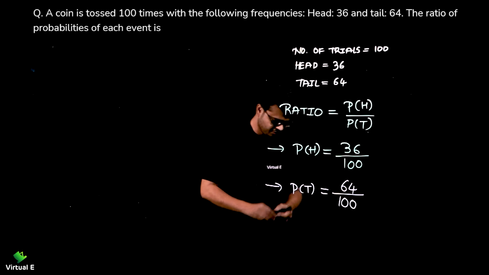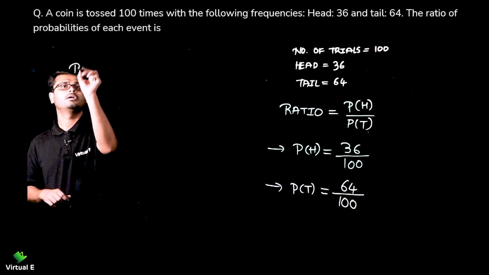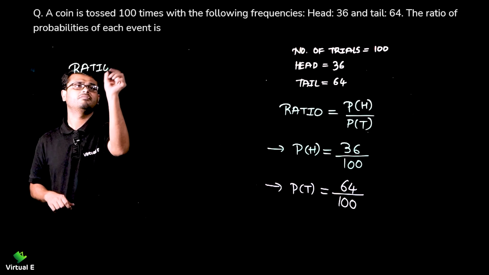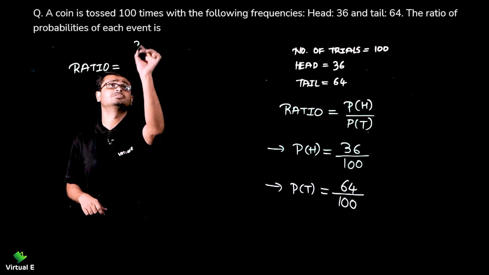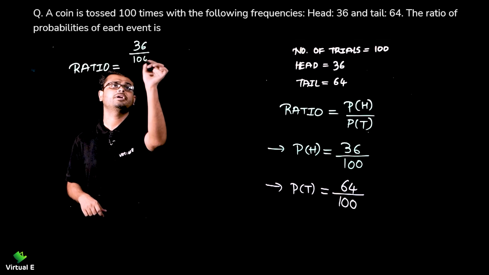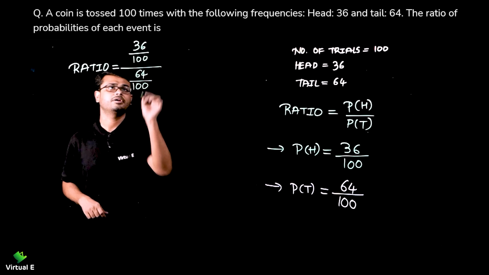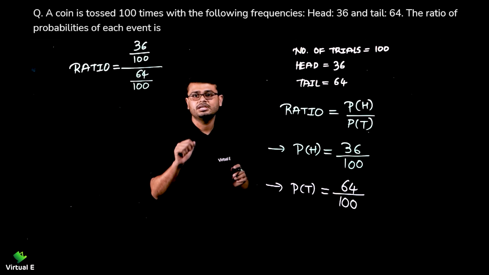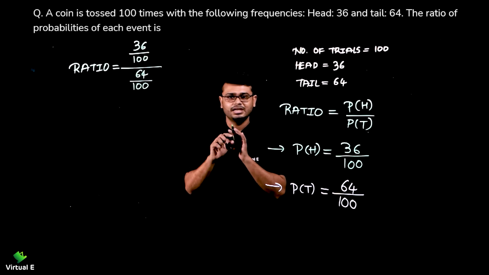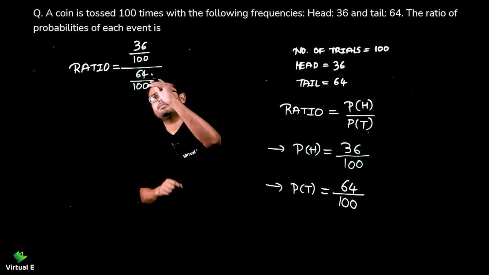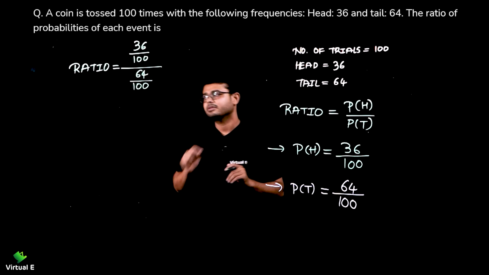Now come to the ratio. We want to find the ratio. So for the ratio, we need to put probability of head into the numerator. So 36 by 100 and here 64 by 100. Now see, we can do one thing over here. Denominators are the same, so they get cancelled and we are done there. Or we can even bring this 100 down and this 100 into the numerator for better understanding.